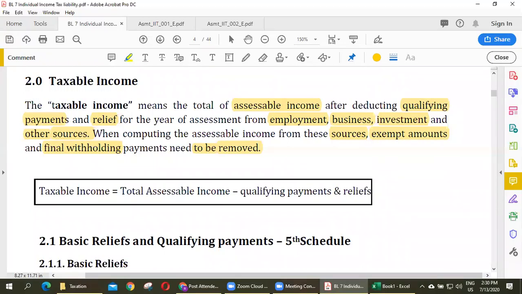No, because these are examples of exempt income. And also, if you pay a tax on an income, you no need to pay tax again on that income.